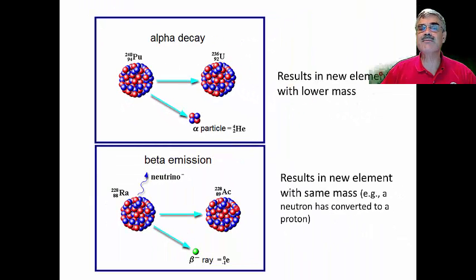So this is an example of alpha decay. It always results in a new element with lower mass.